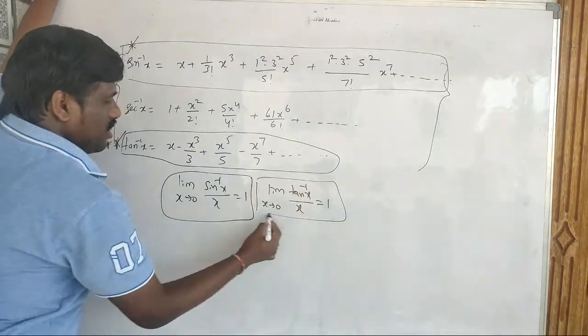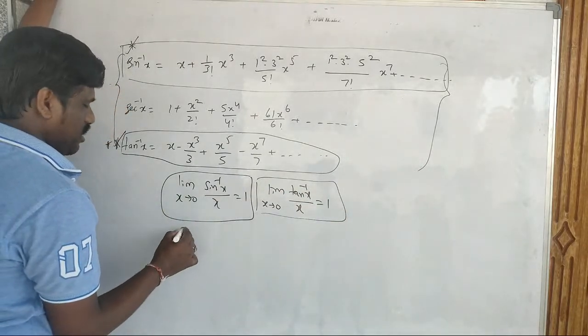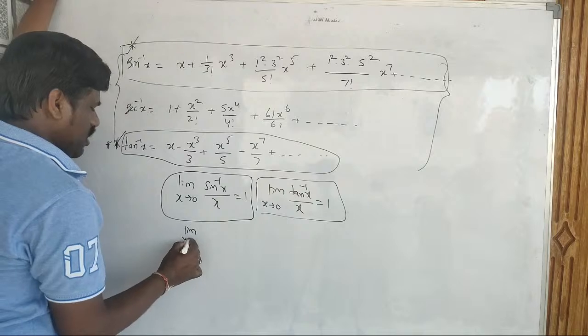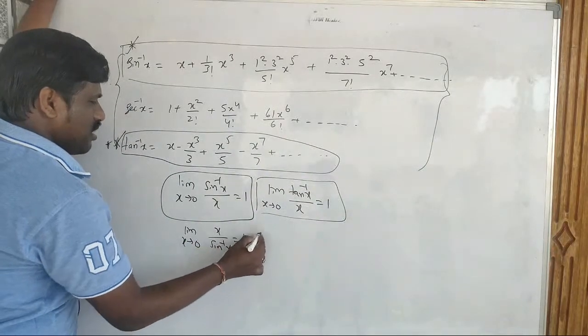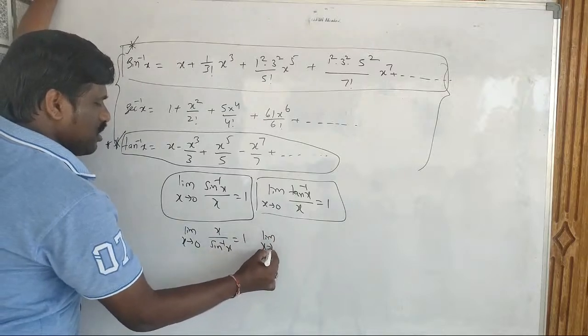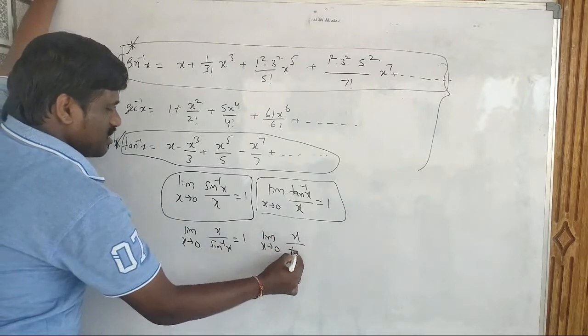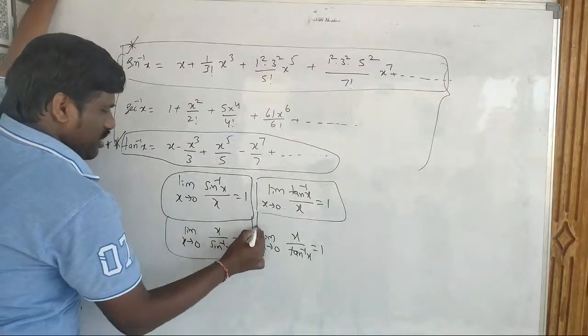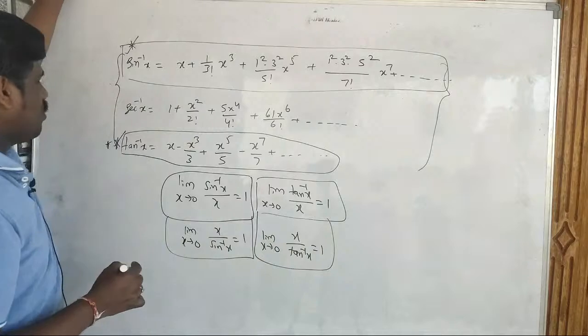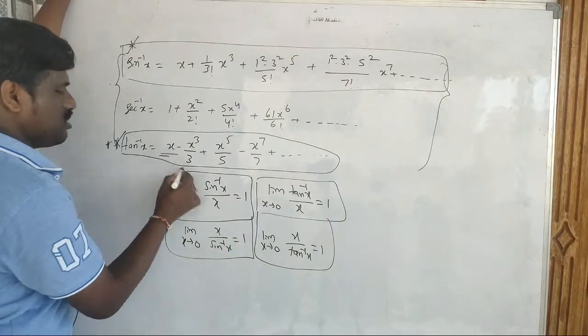These are trigonometric limits. The limit as x tends to 0 of x by sine inverse x is also 1, and the limit as x tends to 0 of x by tan inverse x is also 1. Okay, these are all 1. How you get it: you just substitute, you will get it directly.